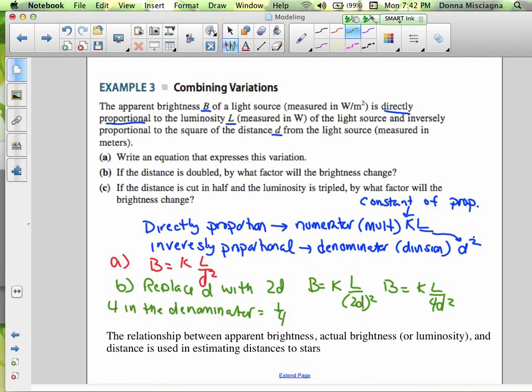So the brightness will be 1/4 as much if the distance doubles.